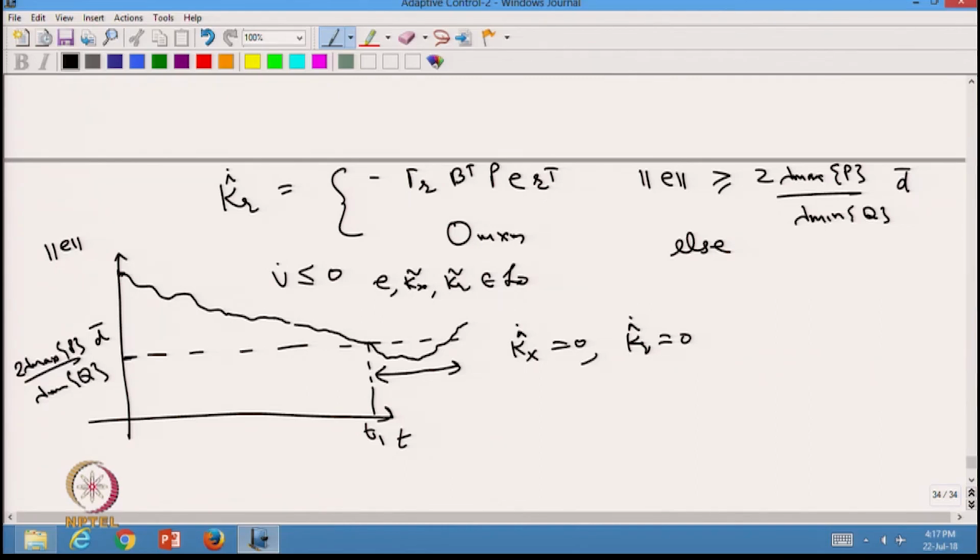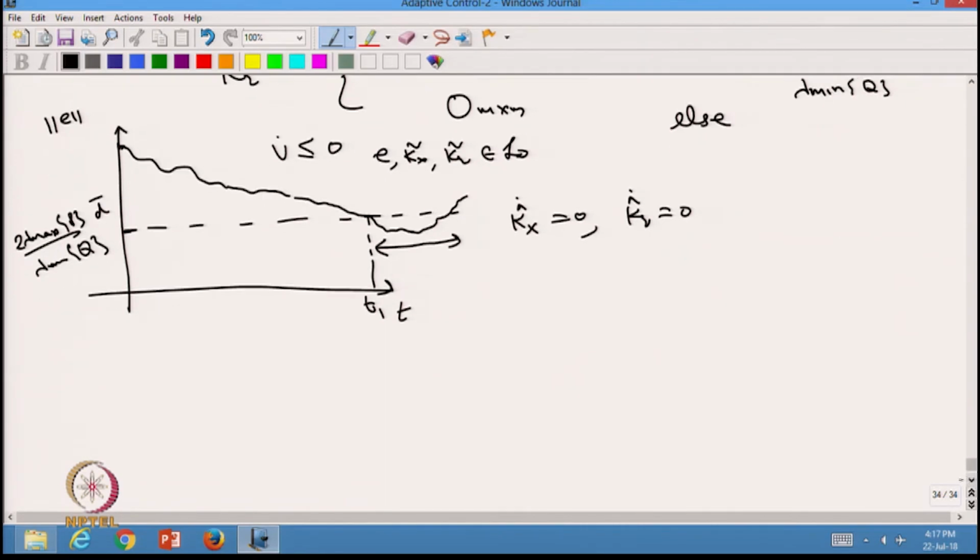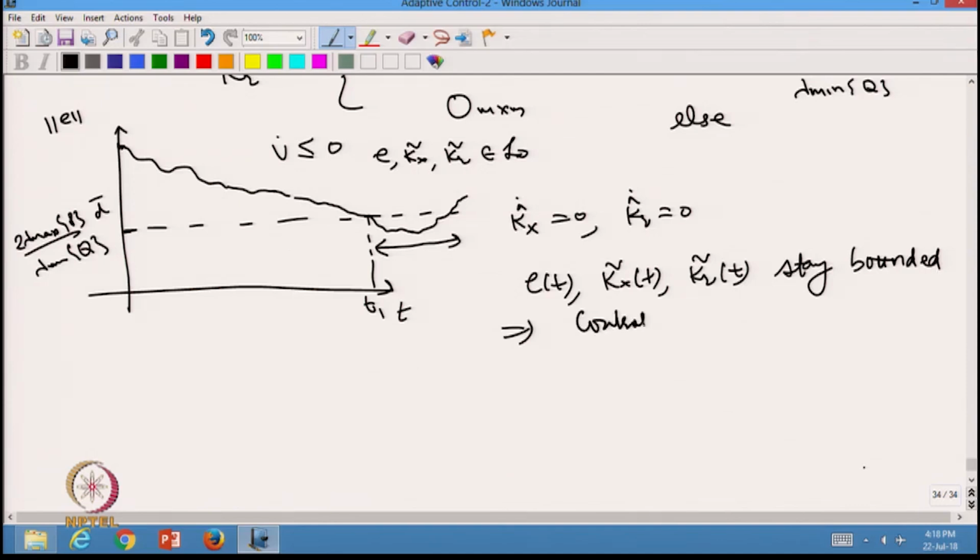So, with this strategy, what we have made sure is that for all time the tracking error and the parameter estimation errors are bounded. So, E of t, kx tilde of t and kr tilde of t stay bounded, which means that the control input u of t also remains bounded.